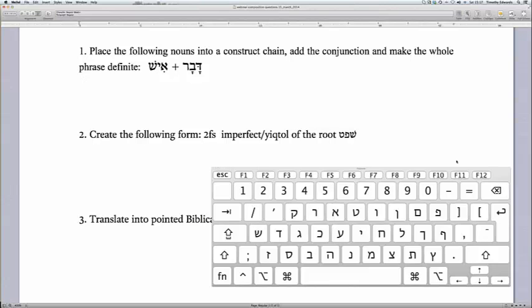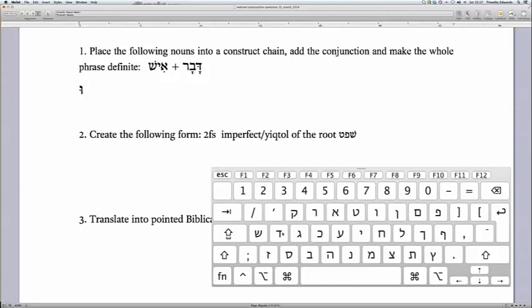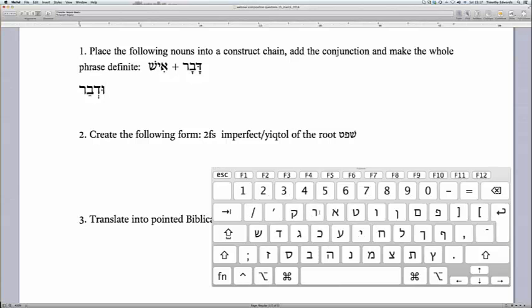What happens when you place a conjunction before a noun that starts with a vocal schwa? It becomes a shureq, doesn't it? So we start with u, and then we go into putting the davar into the construct state.